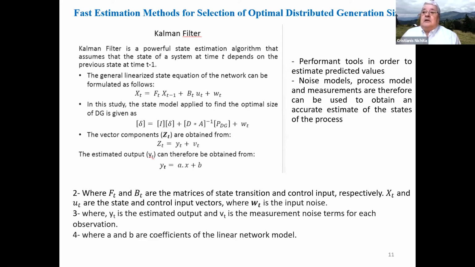So for example, using the Kalman filter, the obtained results show that the developed estimation method could save more than 60% of required execution time when compared to an existing method based on the Newton-Raphson method. This time saving advantage is achieved at the expense of only a small error in estimating both the minimum power losses and the DG size.